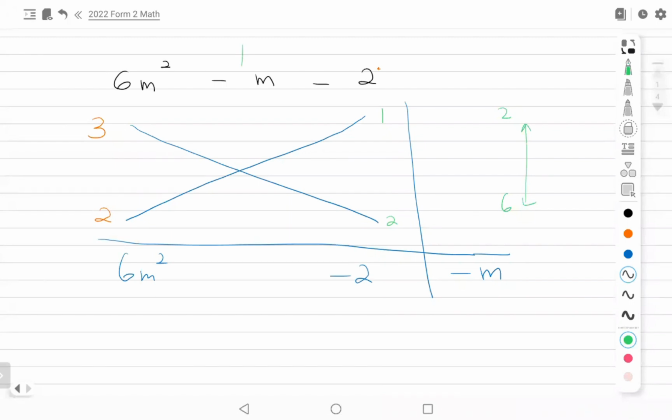Because the coefficient, the number before m, is 1, right? Hidden 1 here. If we insert 1 and 2 like this and follow the line to multiply, we get 2 and 6 at the back, which means the difference cannot become 1. So what should we do?